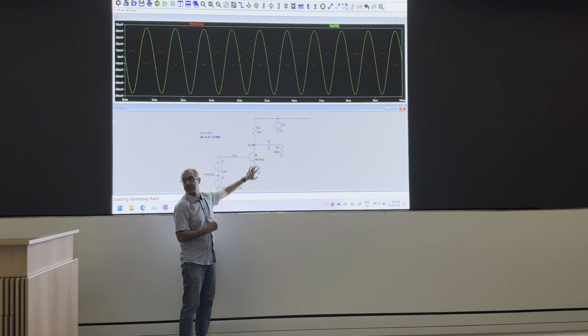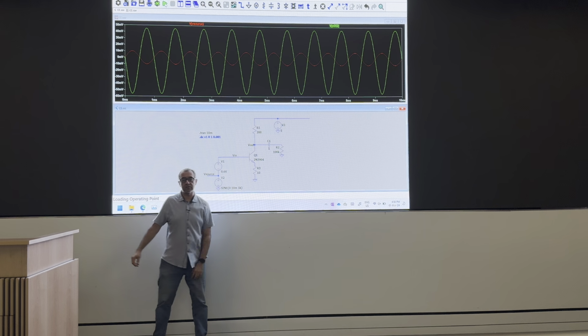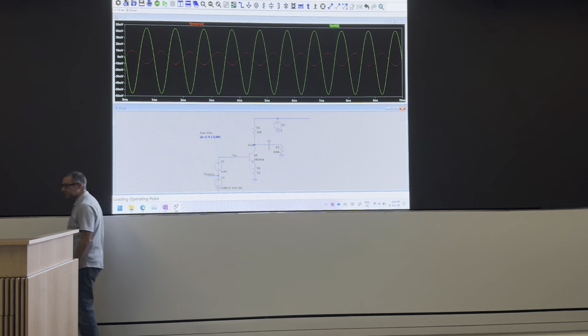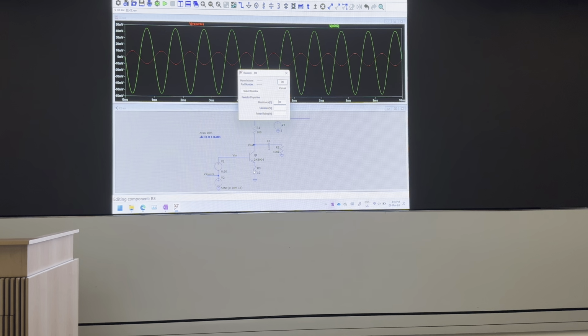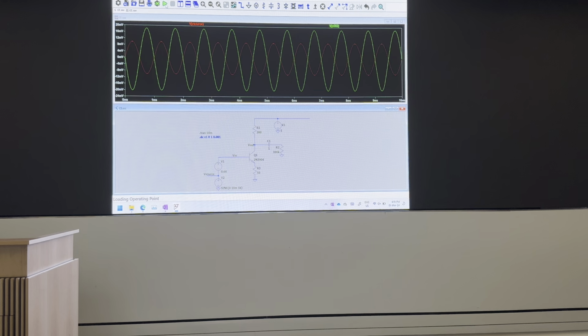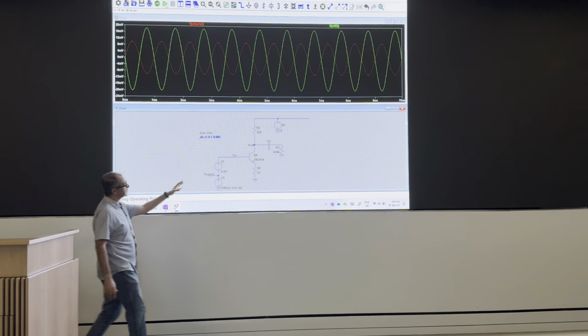The price you pay is gain. You lose some of your gain. And the larger I make it, the better it's going to look, right? But I lose gain. So if I go from here to, let's say, 50 ohms, I'll probably lose a whole bunch of it. So what you can do if you want is you can make 2 of these, let me do that.